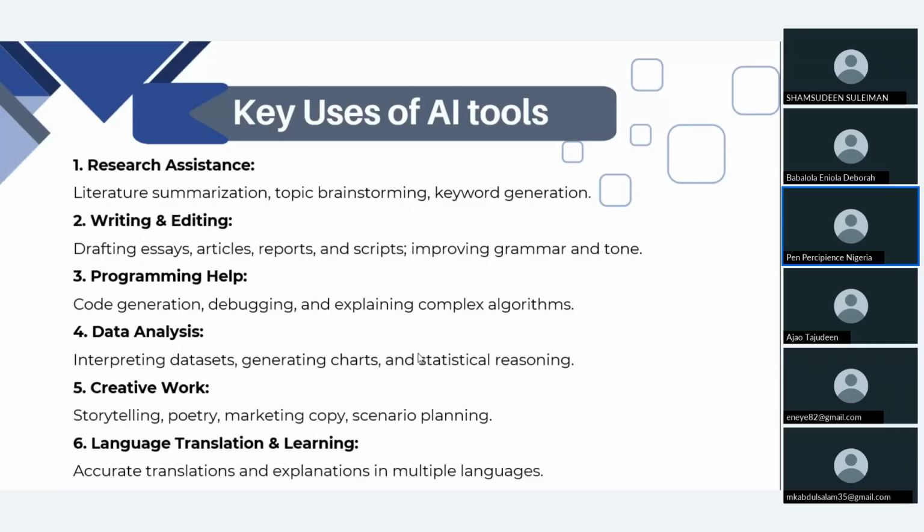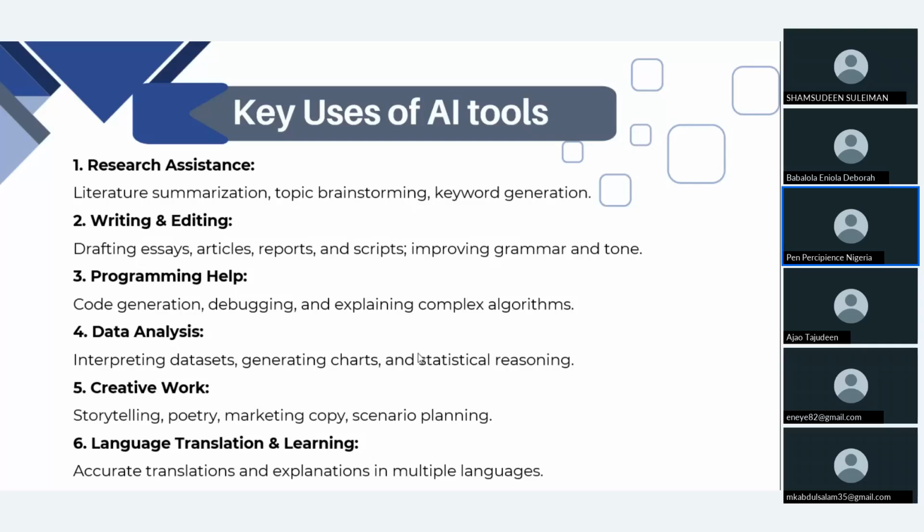You can use them to draft essays, articles, reports, scripts, and to improve your grammar and tone. Another thing is programming help. Gone are the days when you struggled to learn a programming language because you wanted to write a certain code. AI tools will help you write efficient code, even more complex code.